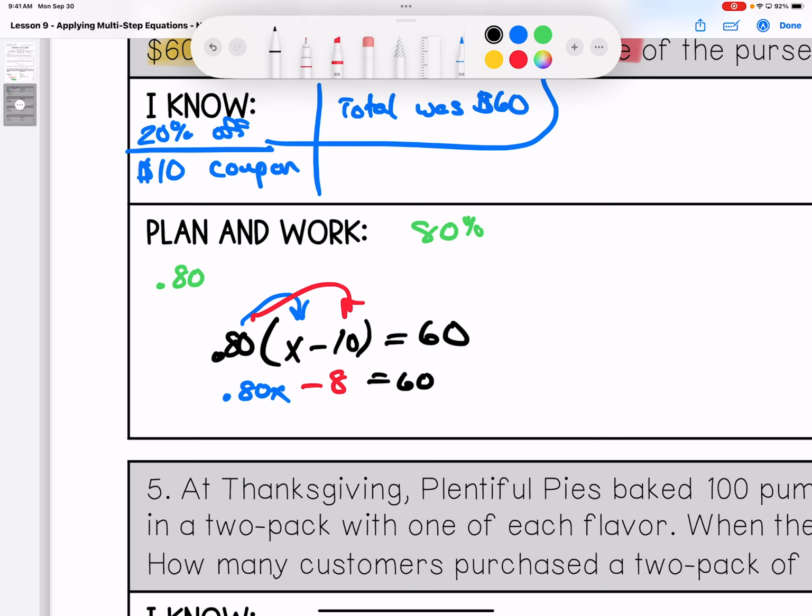So we had to do the distributive property there. Step 1. Step 2 is we're going to add 8 to both sides to undo the addition. And those go away. I'm left with 0.80x equals 68. I'm going to write that over here.